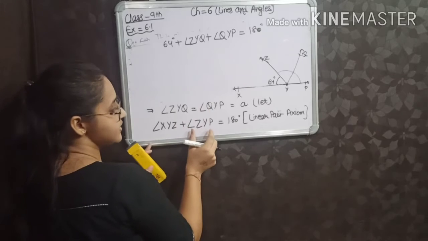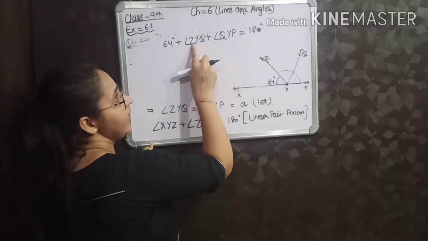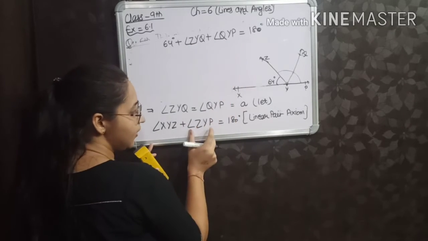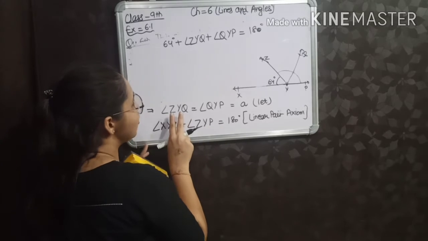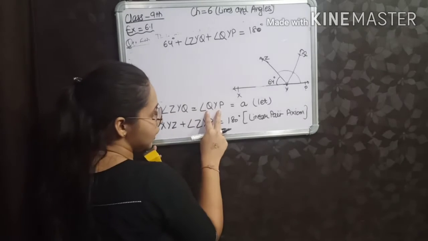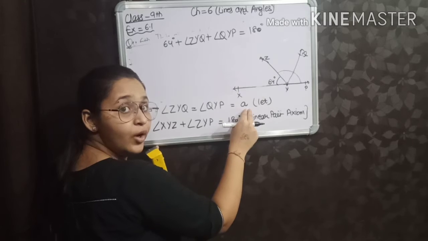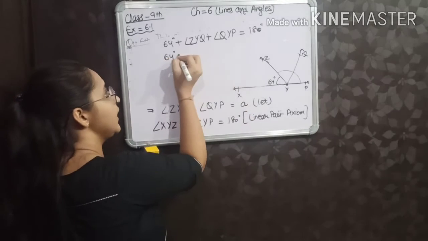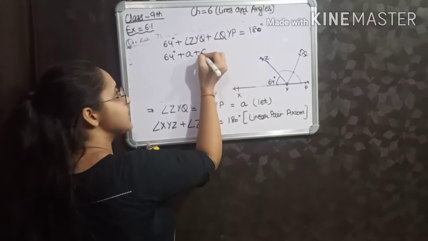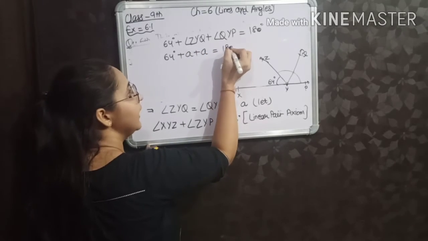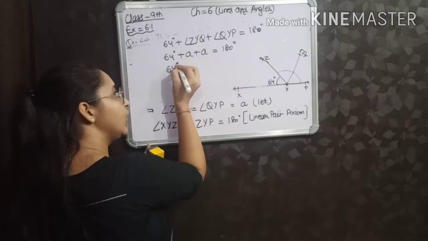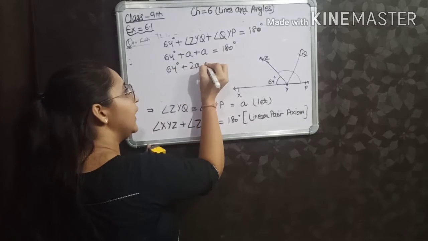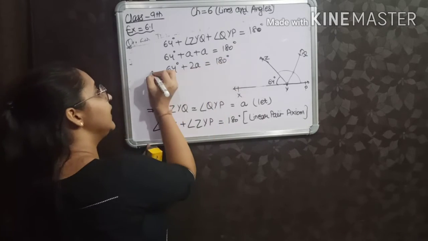I am just writing angle ZYQ plus angle QYP in place of ZYP. Now ZYQ is equal to angle QYP, which is equal to A. So 64 degree plus A plus A, that is 64 degree plus 2A, is equal to 180 degree.